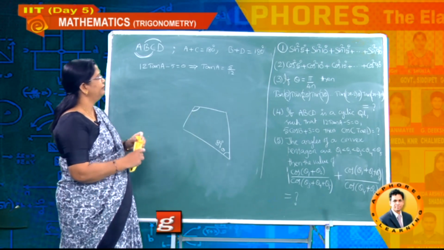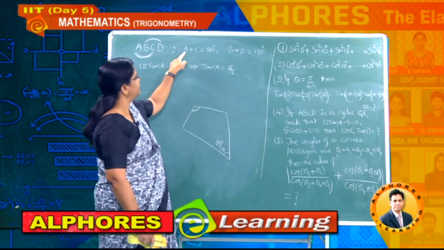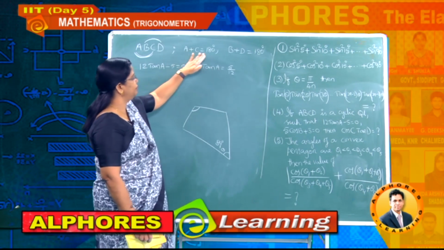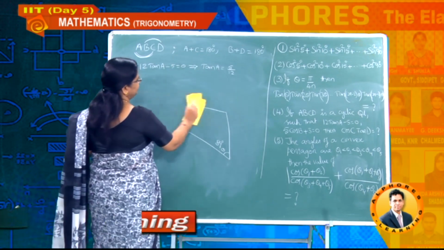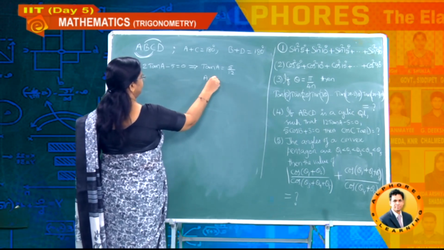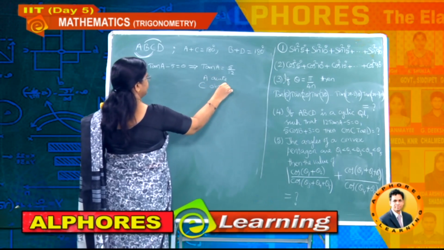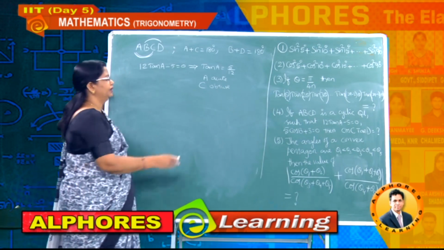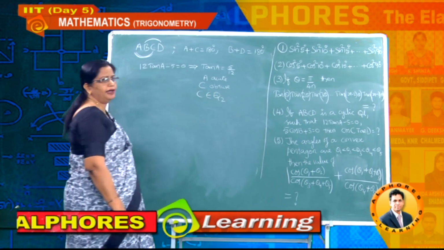That is why whenever one value A is acute, this C value has to be obtuse, then only the sum can be 180 degrees. Hence, A I am taking acute, and thereby C is obtuse. Obtuse where will it be? In the second quadrant, so C belongs to the second quadrant.